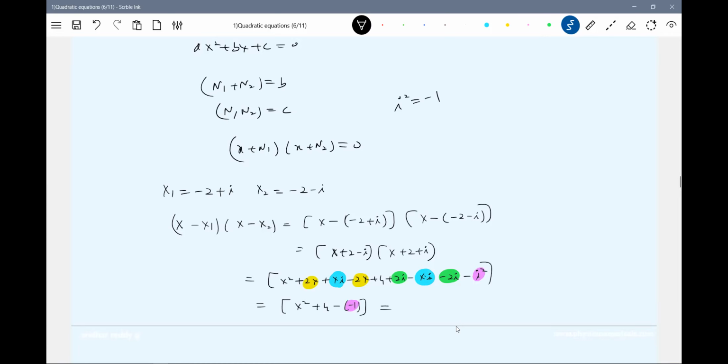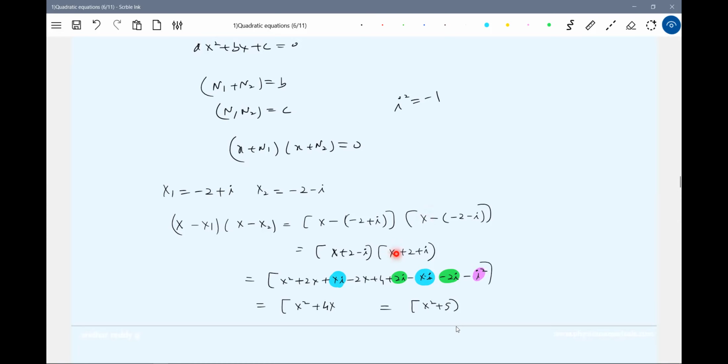Finally we'll end up with x square plus 5. Oh, some mistake. This will become 4x, no? These two will not cancel out. It will be x square plus 4x. Somewhere in the calculations I have to come back from the beginning.